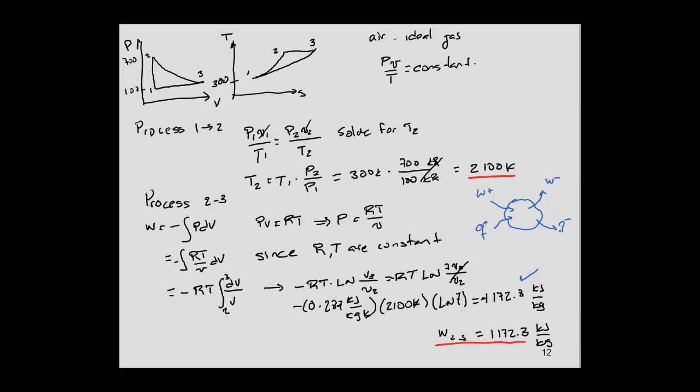Next, we're gonna study process 3 to 1. For process 3 to 1, we follow the same. We know this work, so we need to start with our general expression, and again we need to find an expression that says everything in terms of pressure, but we remember that pressure is constant, so we can just take it out of the integral.